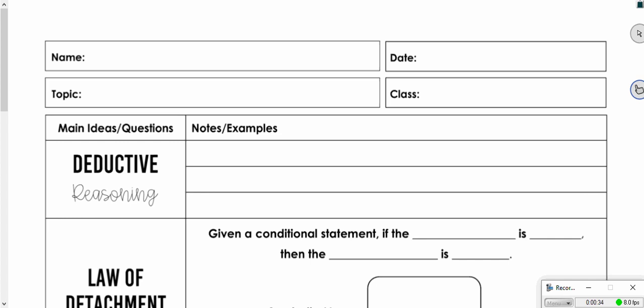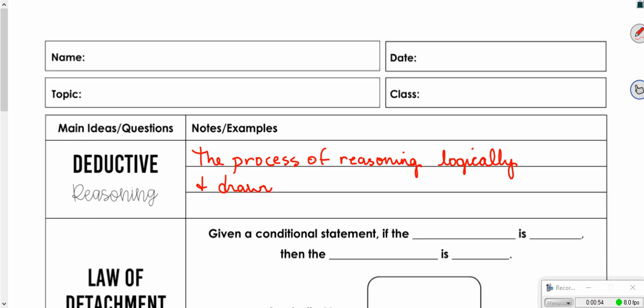So deductive reasoning is the process of reasoning logically and drawing conclusions, or let's say a conclusion, from given facts and statements.